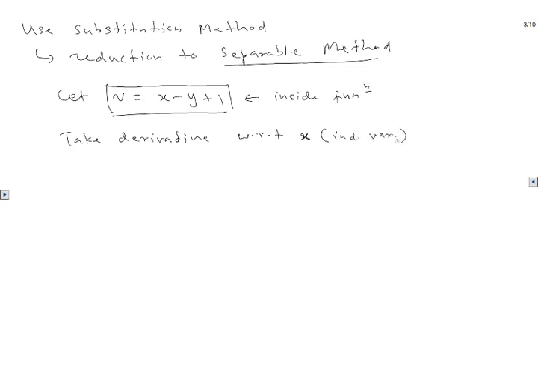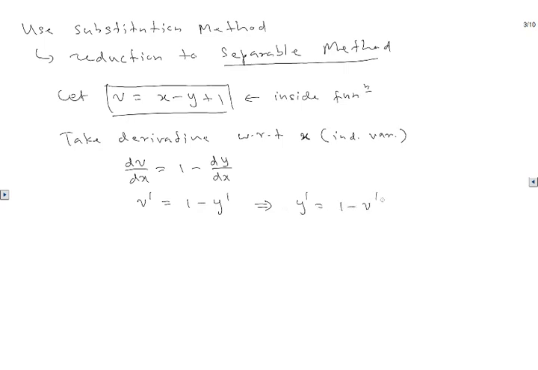Once you take the derivative with respect to x, this side becomes dv over dx. This is 1 minus dy over dx, and 0. In other words, we can write v prime equals 1 minus y prime. So that means we can write y prime equals 1 minus v.